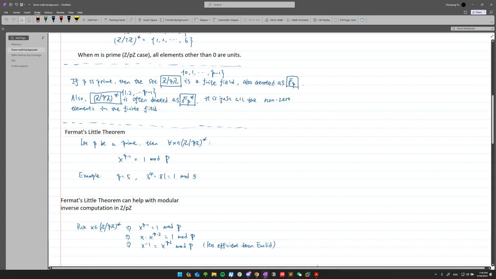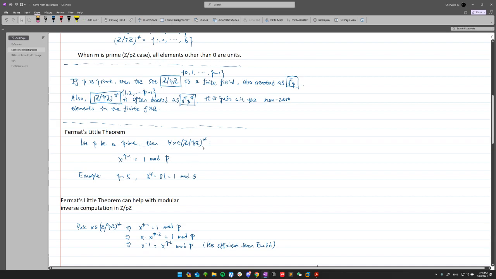A super important theorem is Fermat's theorem. You will see it a lot in cryptography. The theorem says: let p be a prime, and pick any element x from the unit group of Z mod pZ. Then x to the p minus 1 equals 1 mod p.